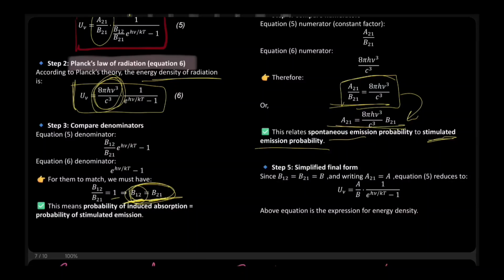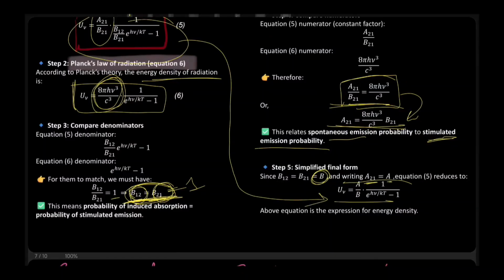So the probability of induced absorption and the probability of stimulated emission are equal. So we can write this as 1. Now in the overall equation, they have taken B, and A21 they have taken as A. So equation number 5 will be reduced to this one.